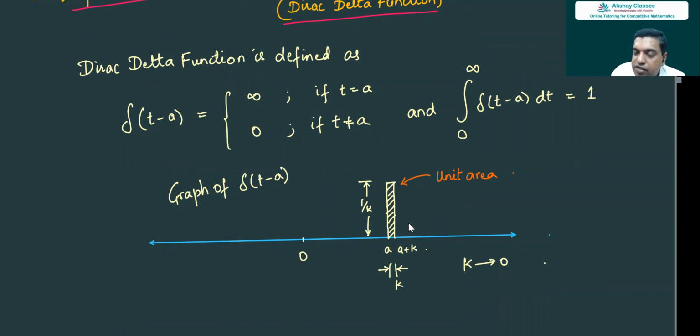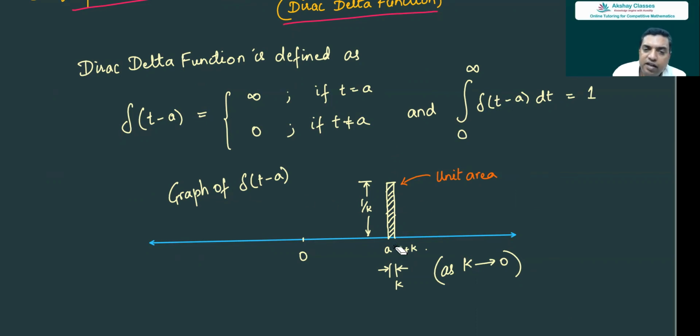That means the area of this rectangle will be 1. Now as k tends to 0, this strip becomes thinner and thinner, and this becomes longer and longer. This is the concept of the Dirac delta function.